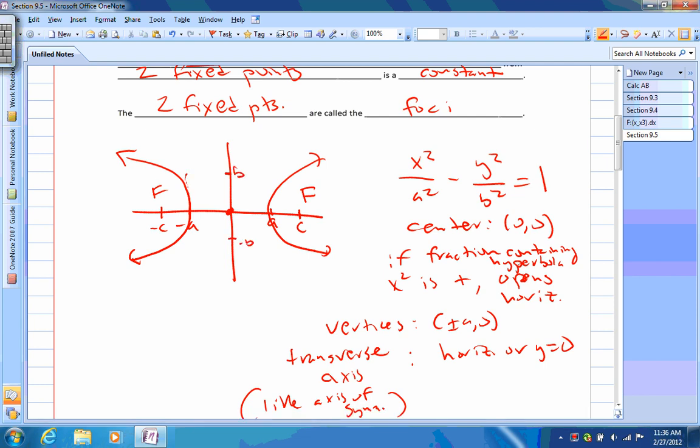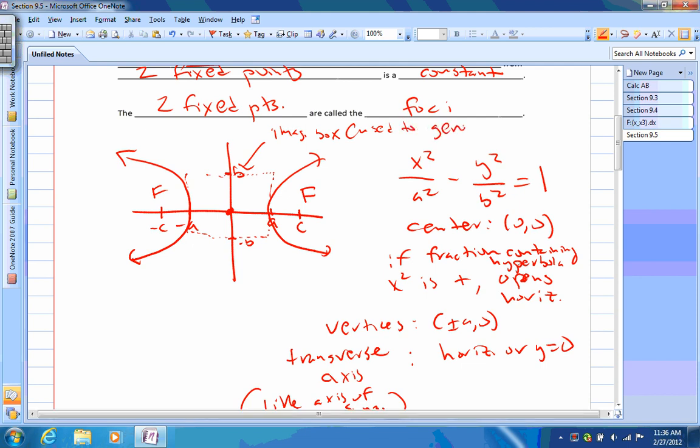And what you do is that you imagine there's a box. And the imaginary box is used to generate the graph.